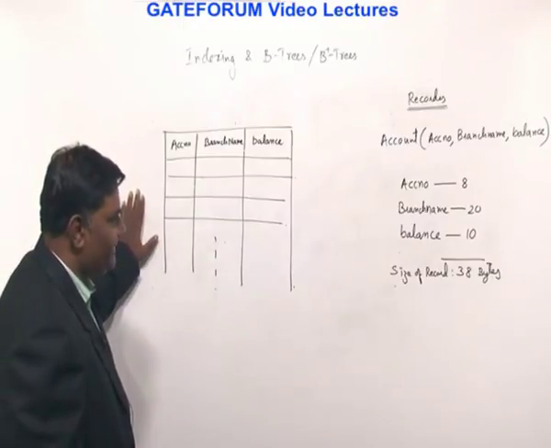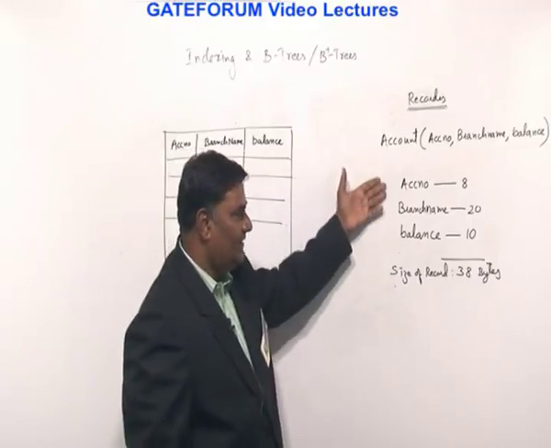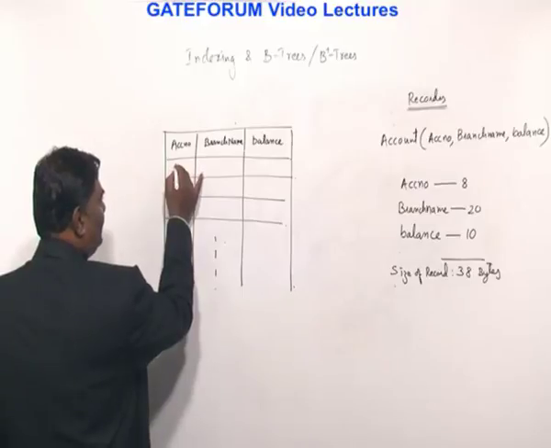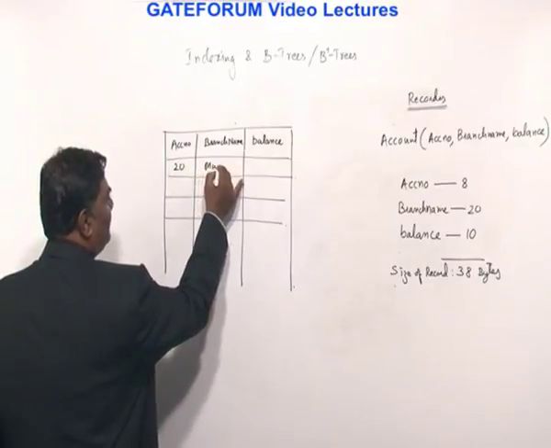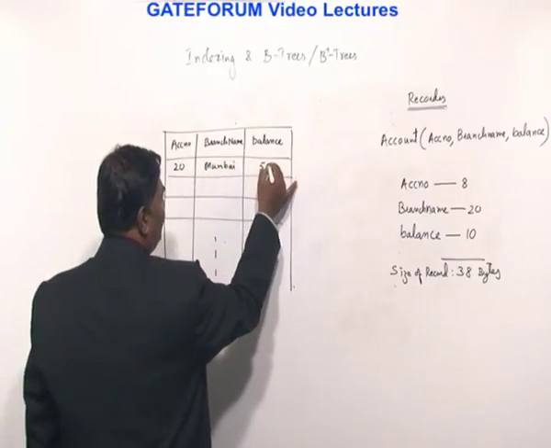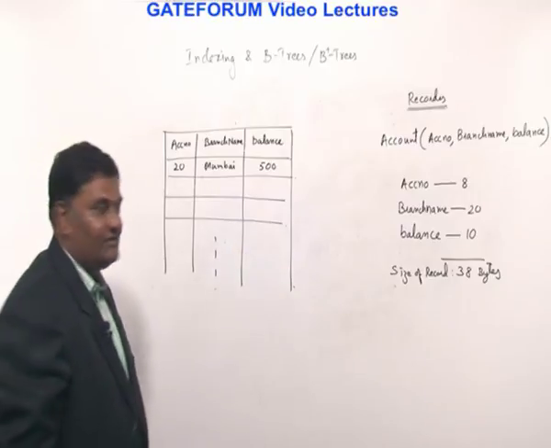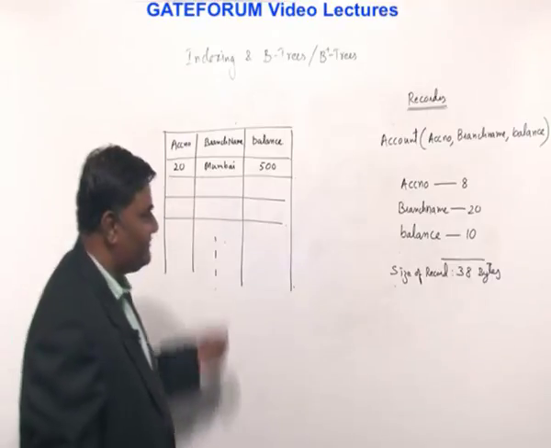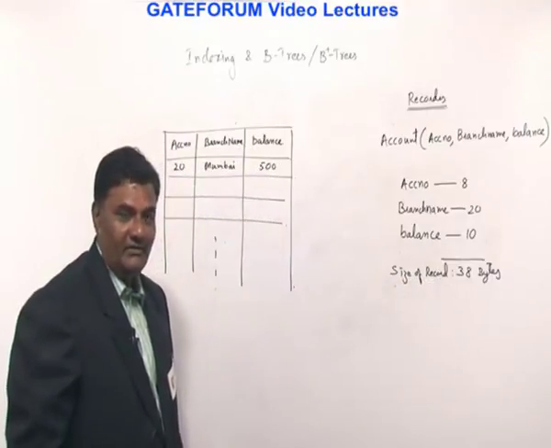This is a relation example table, and this is the schema of a table, and this is the size of each record. So if I write one account number 20 and the branch name is Mumbai and the balance is 500, I'm not writing bigger figures. So this is one record. How much space is it occupying? 38 bytes of memory space it is occupying, right?